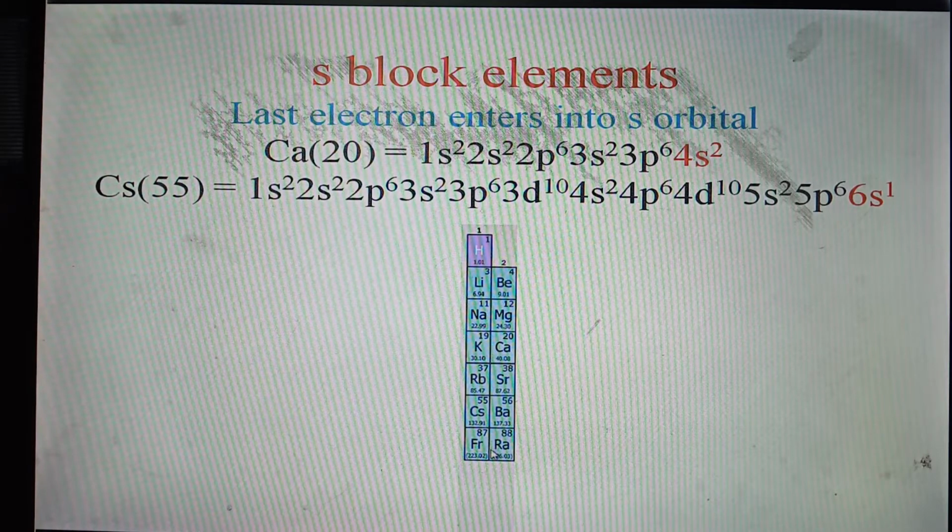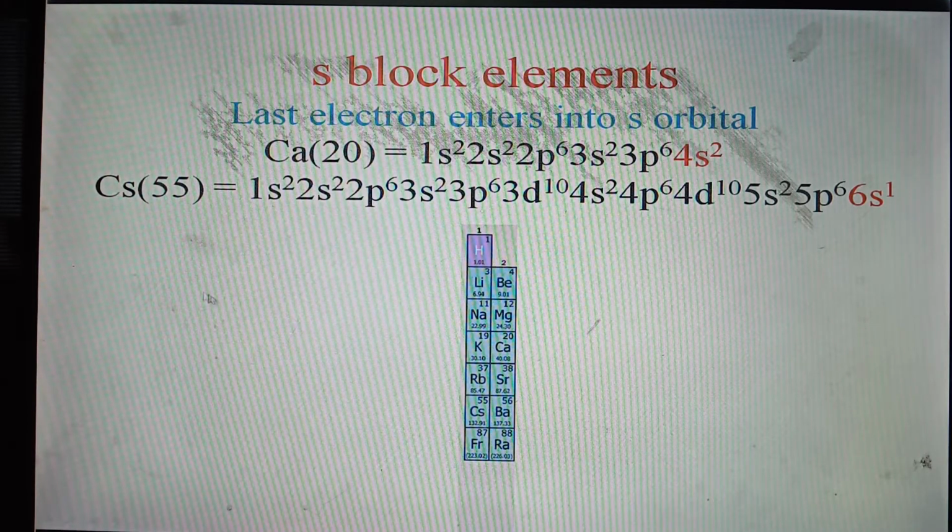For all these elements, the last electron enters into the s orbital. Let us take an example: calcium with atomic number 20. This is the electronic configuration. The last electron enters into the s orbital, so it is an element of the s block area. Here is calcium, and these 2 columns belong to the s block area.